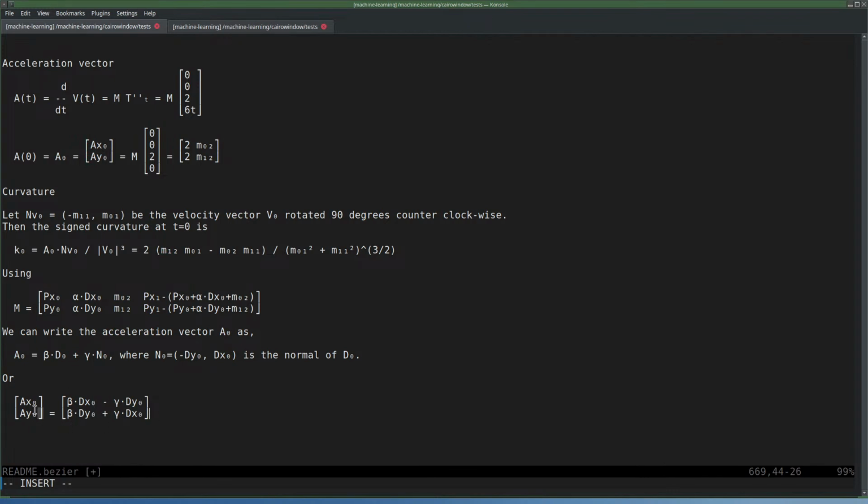And this is 2 times this column. Well, at least for t is 0, but we're only talking about t0 now.